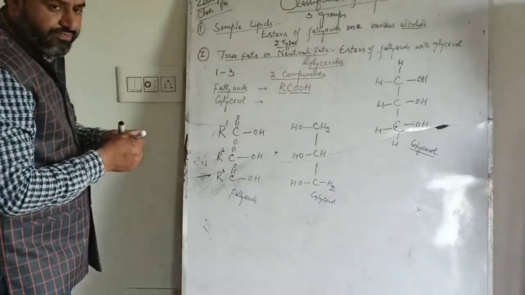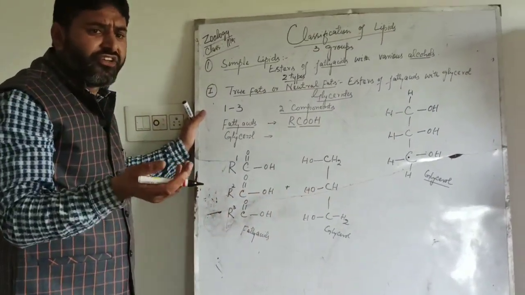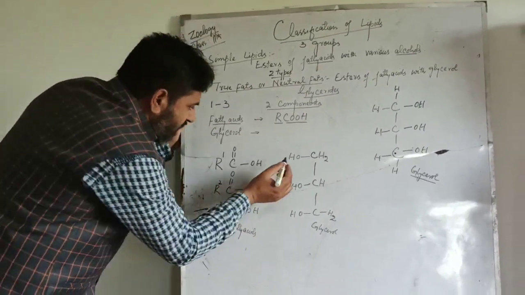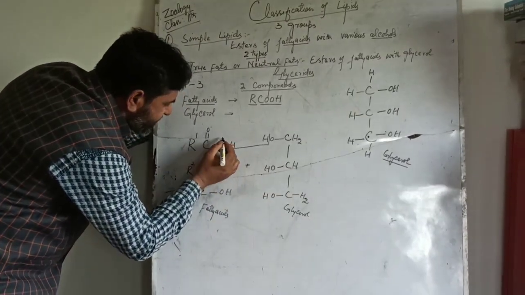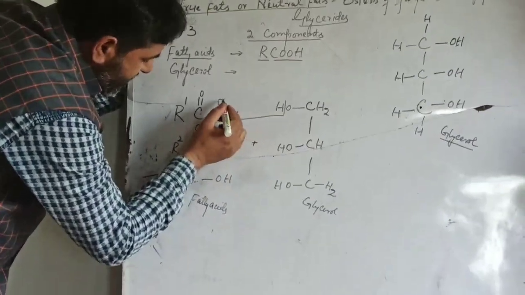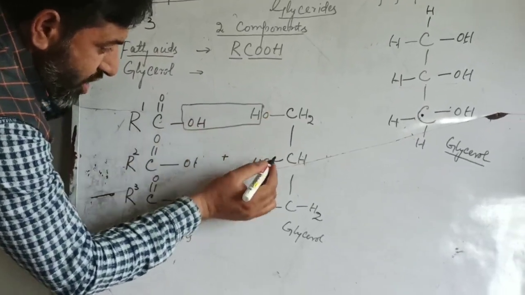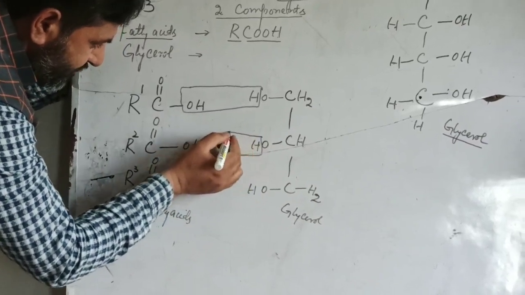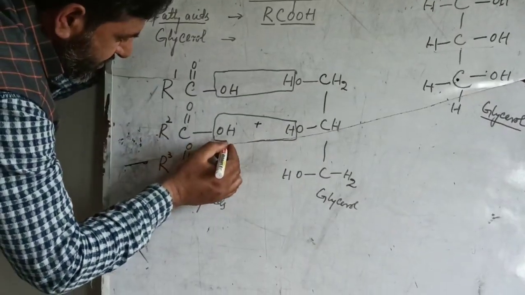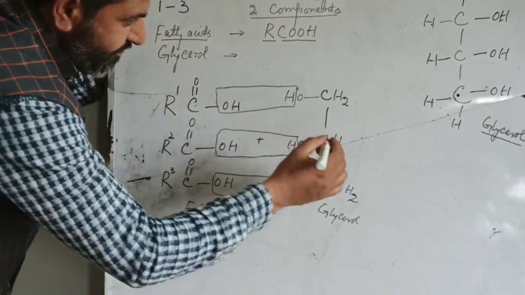What happens? A condensation reaction occurs and 3 water molecules are released. OH is released by the carboxylic group, and H is provided by the hydroxyl group of glycerol. Just see, 3 water molecules are eliminated here.